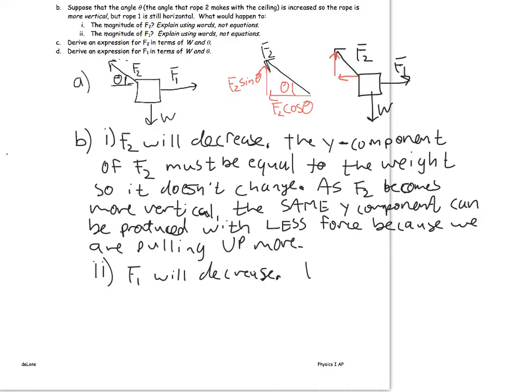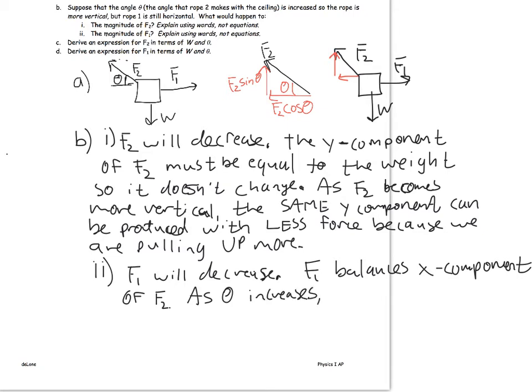What I'm going to say is that F1 balances the x component of F2. That's the first important point. And then as that angle increases, that x component is going to decrease. And there's really two reasons why. It's a double whammy here.